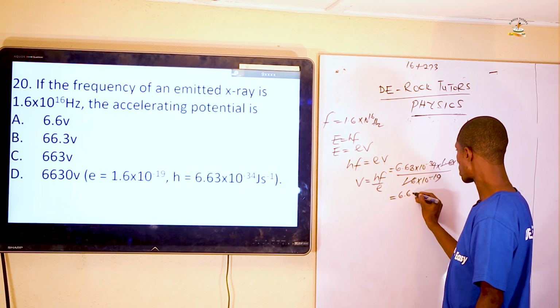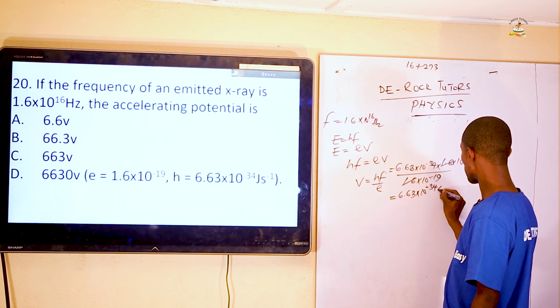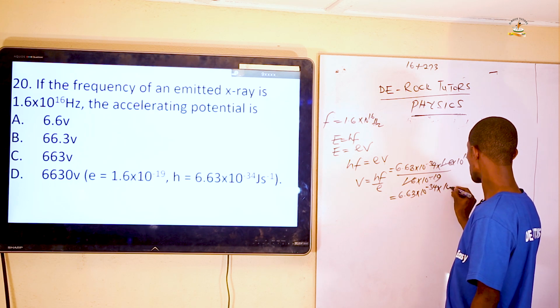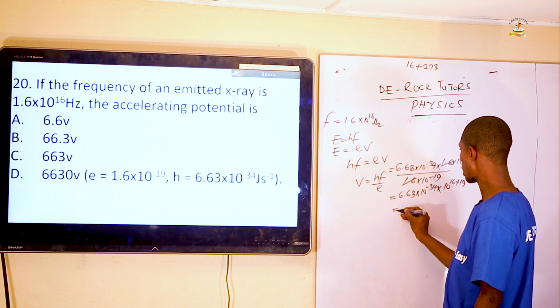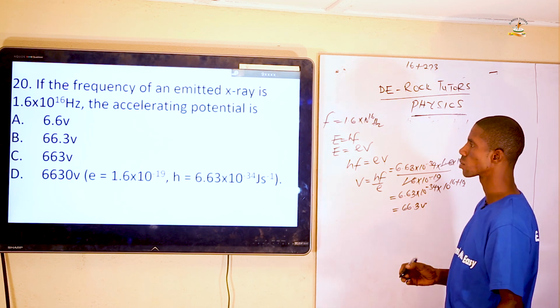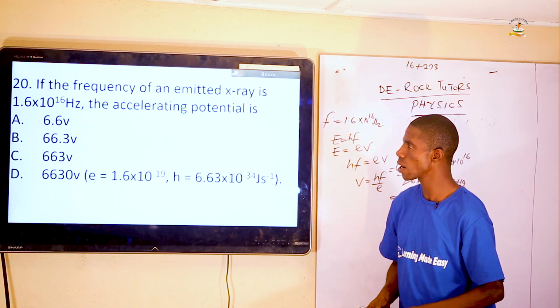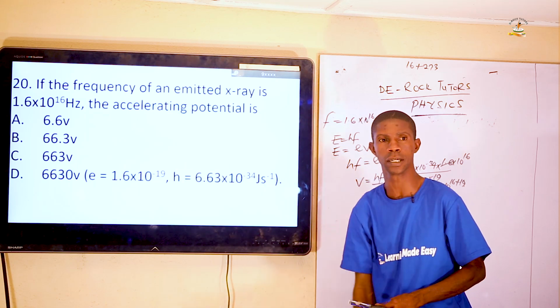So 6.63 multiplied by 10 raised to the power minus 34, multiplied by 10 raised to the power 16 plus 19. Eventually we have 66.3 volts. So the answer is 66.3 volts, which is option B.